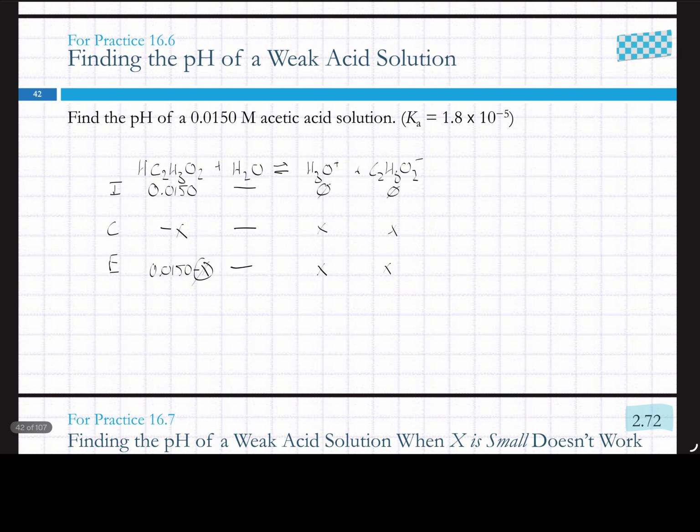And so since we assume that is negligible, this comes out to be exactly the same-ish as the last one. 1.8e to the negative 5 times 0.015, square root of that.